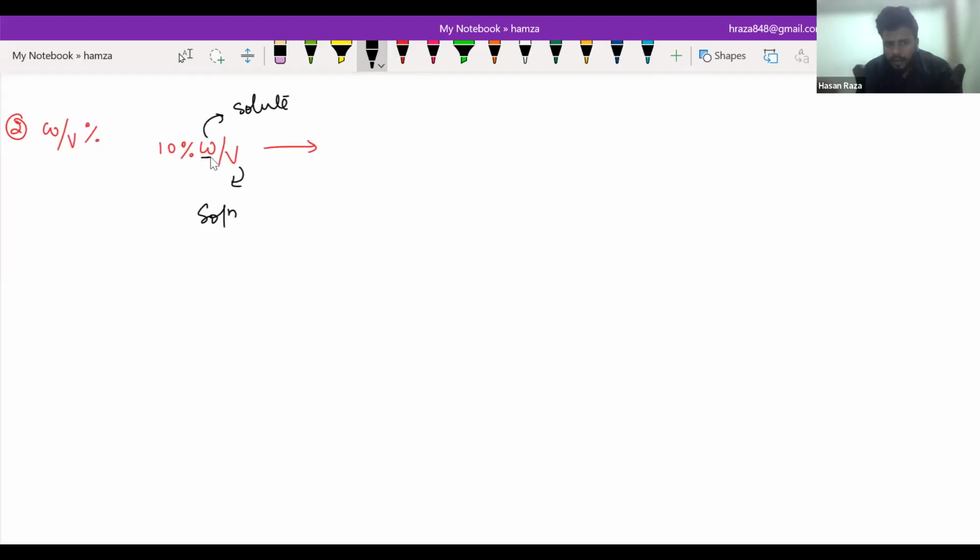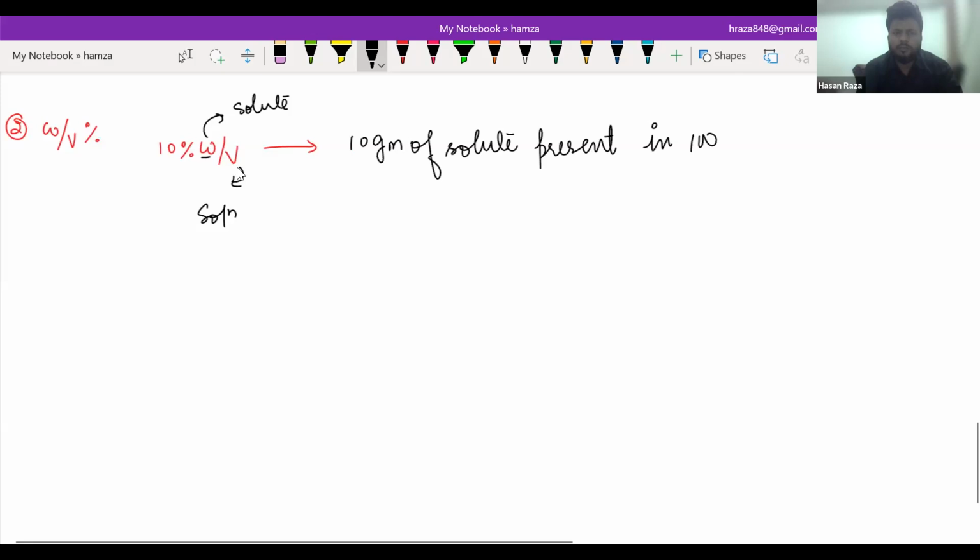Now see, since W is for weight, so we are taking unit of weight, that is gram. So 10 gram of solute present in 100, this is for percent, that means 100, and you can see this is V for volume. So 100 ml of solution, 10 gram of solute present in 100 ml of solution.